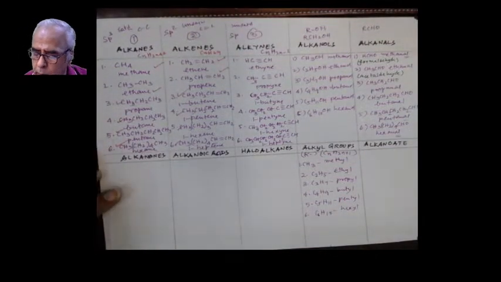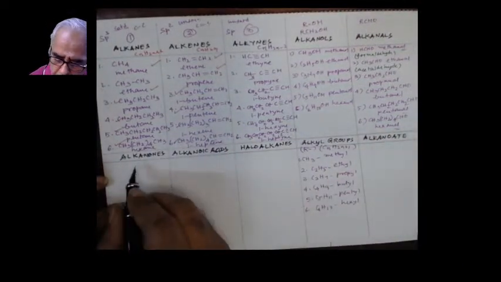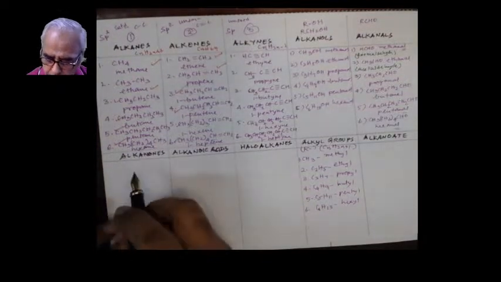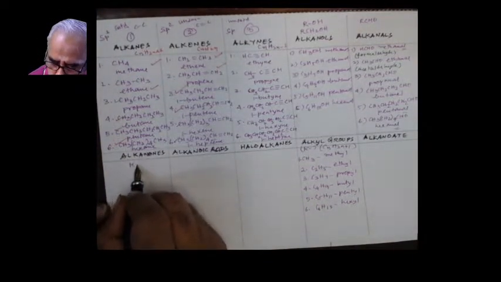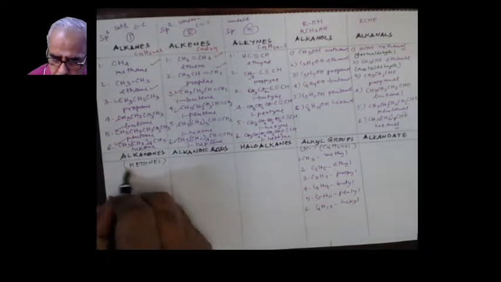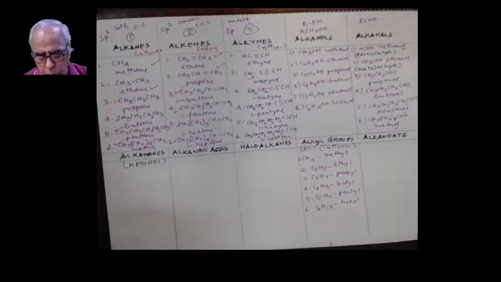And we have the alkanones, which are also called ketones. Aldehydes and ketones are all called carbonyl compounds.